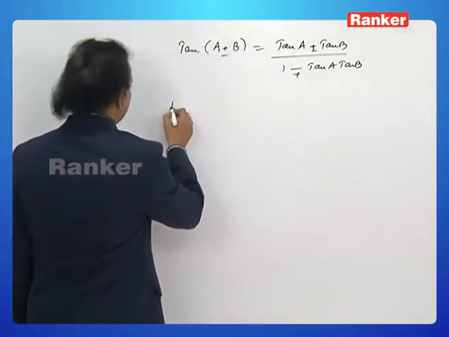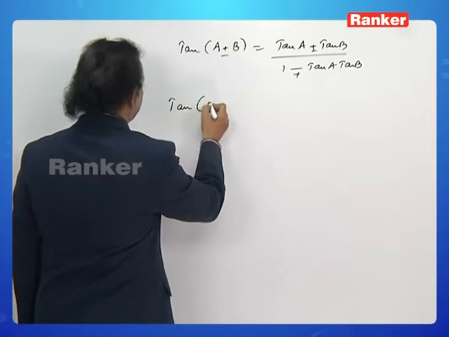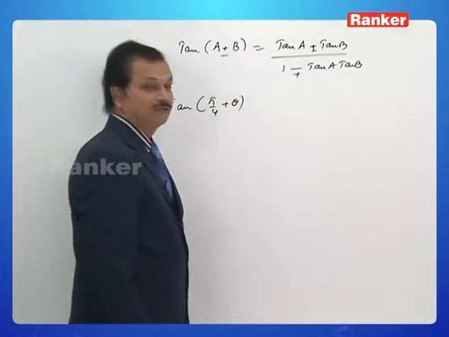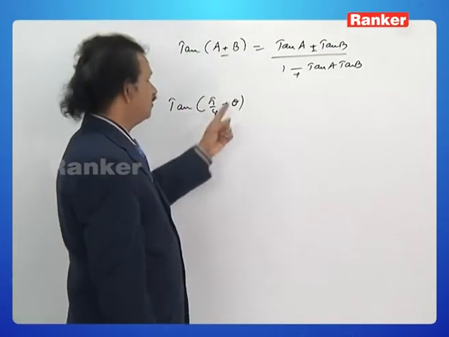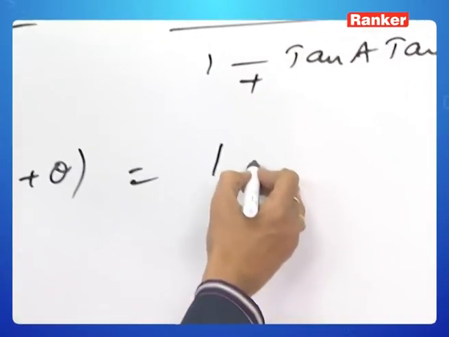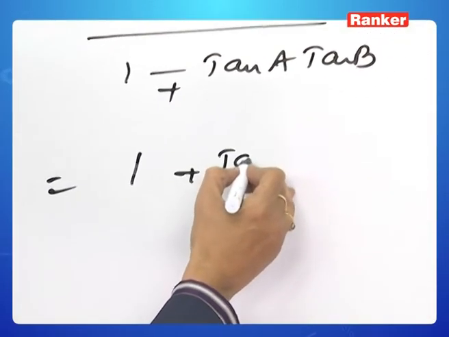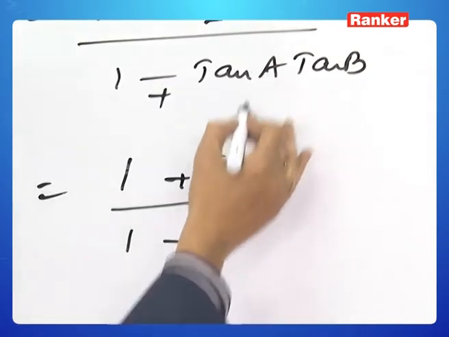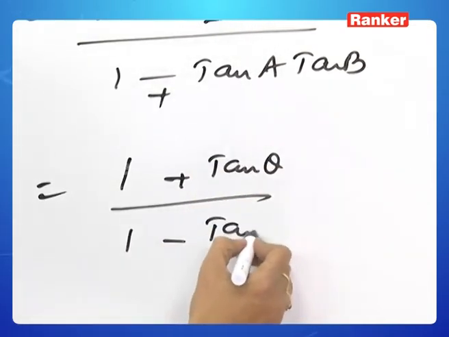From this, can you estimate tan of pi by 4 plus theta? So, replace a by pi by 4, replace b by theta. Tan pi by 4 plus tan theta by 1 minus tan pi by 4, which is 1, tan theta.